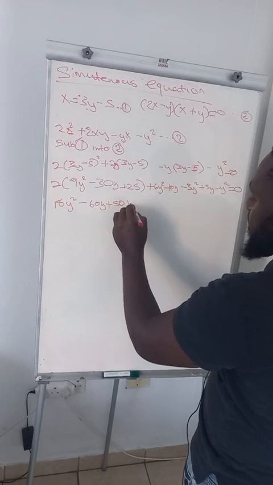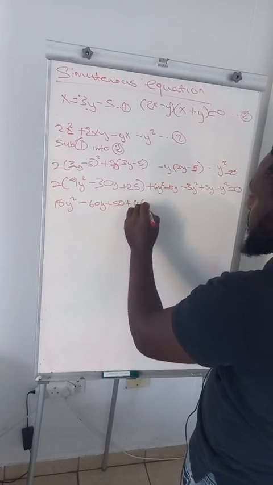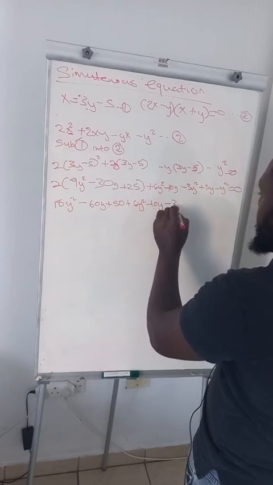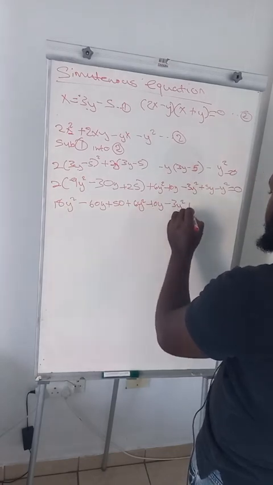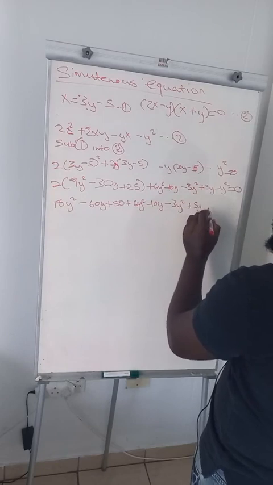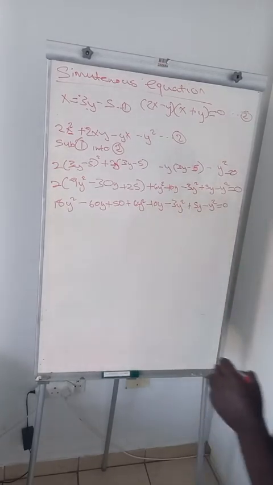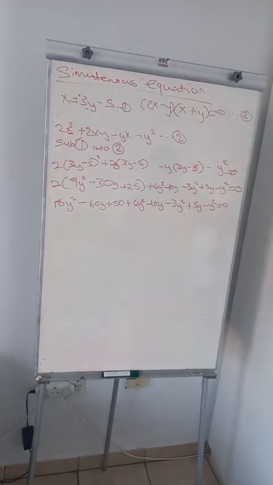And then this side I'll just be having 6y squared minus 10y minus 3y squared plus 5y minus y squared is equal to 0. Now, add the like terms.